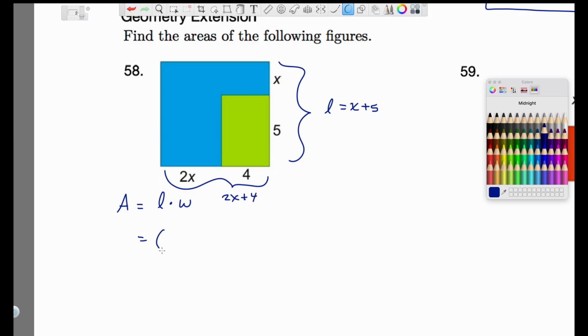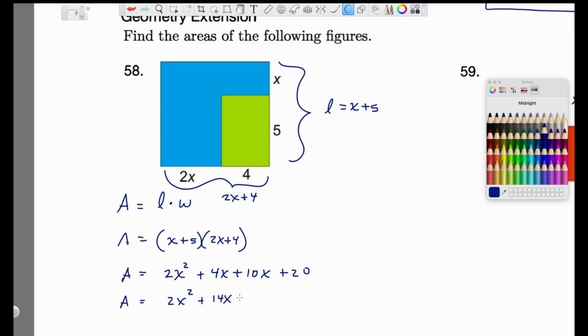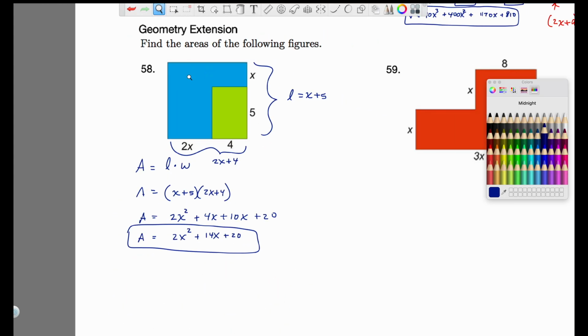So we're just going to say x plus 5 times 2x plus 4, and we FOIL it. That's it.